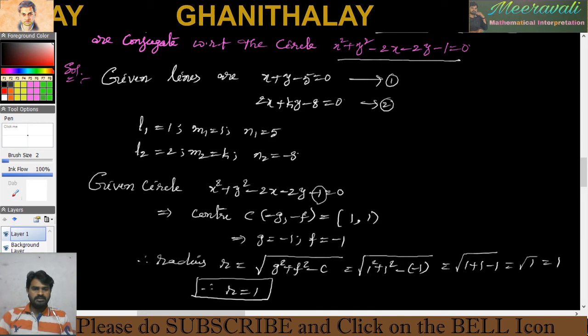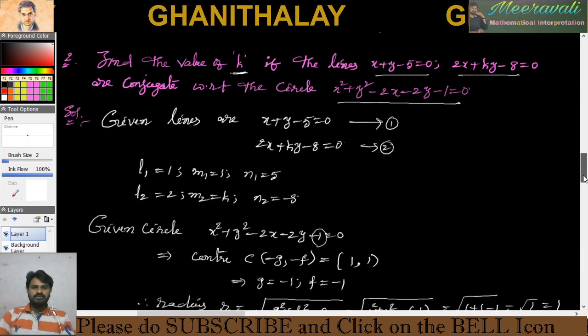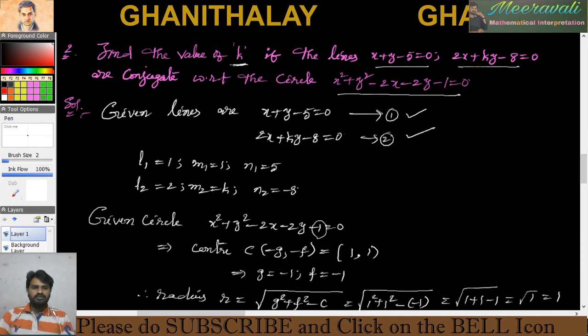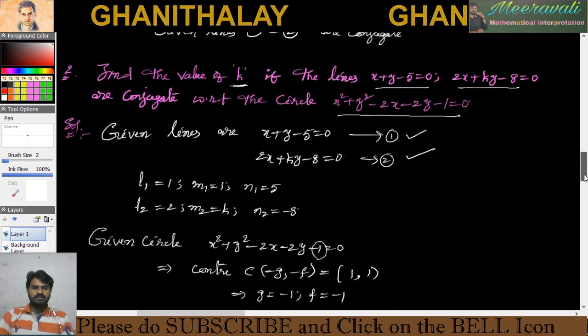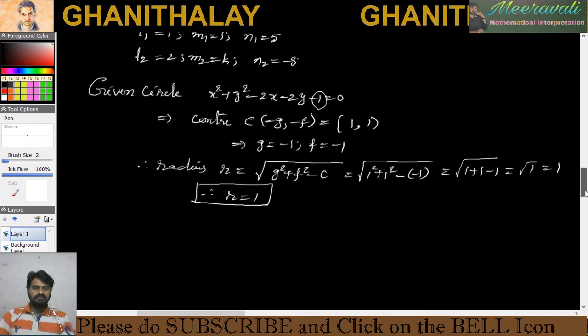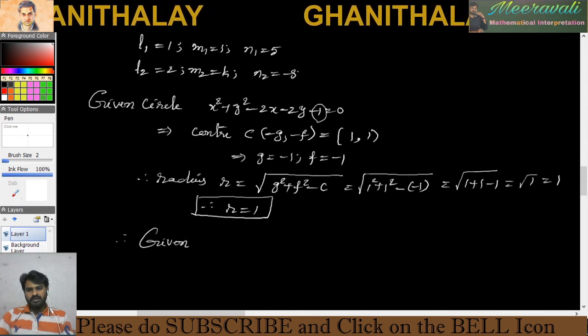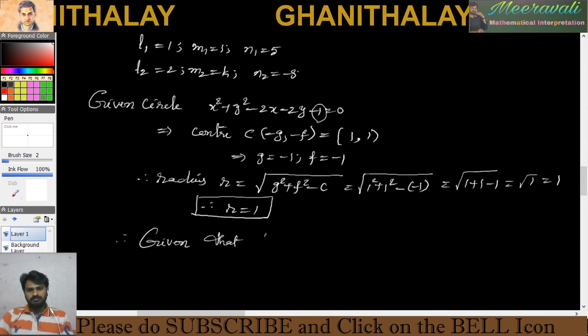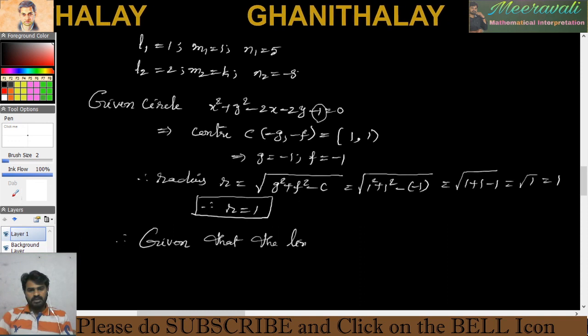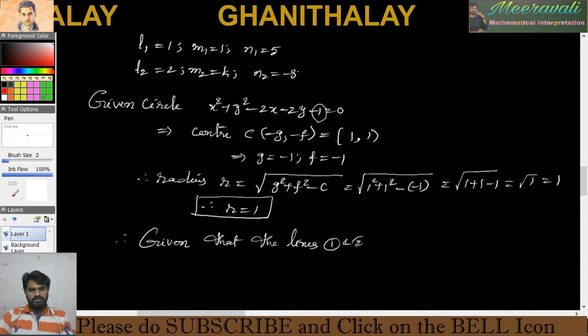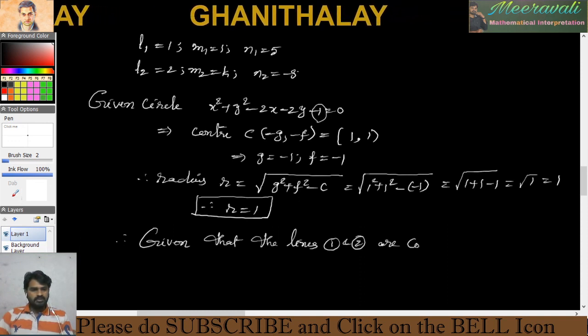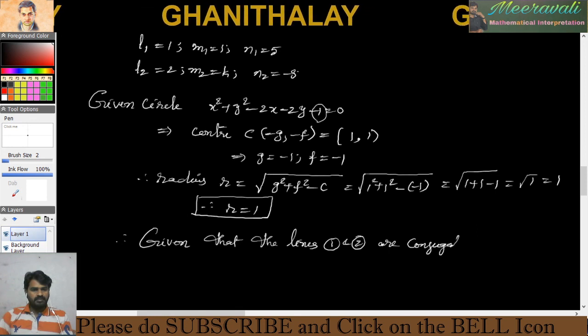So what is the given problem here? Here the given lines 1 and 2 are conjugate with respect to the circle. The circle is in general form, therefore the given condition is that the lines 1 and 2 are conjugate. So what is the property for conjugate lines?